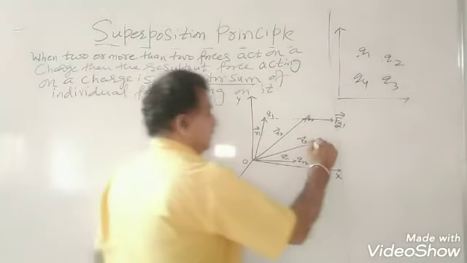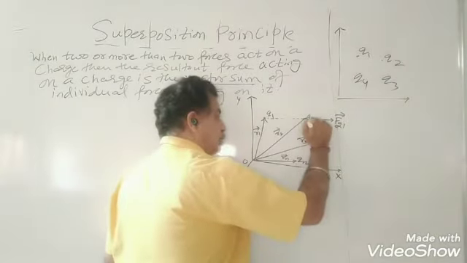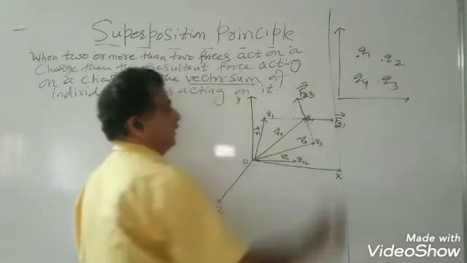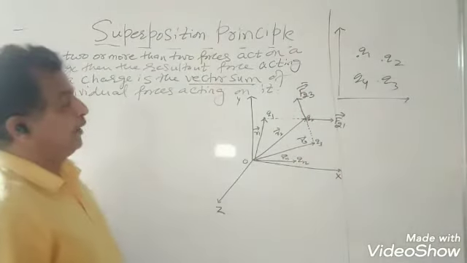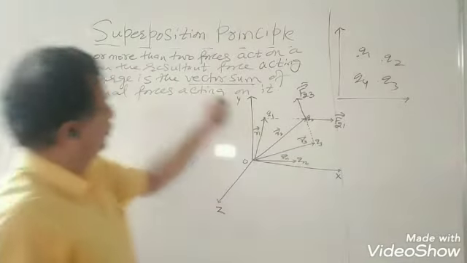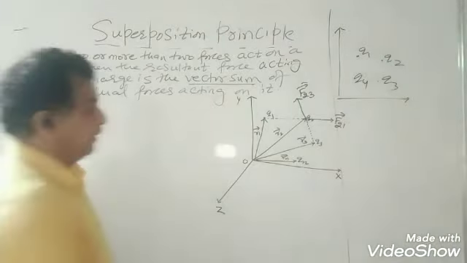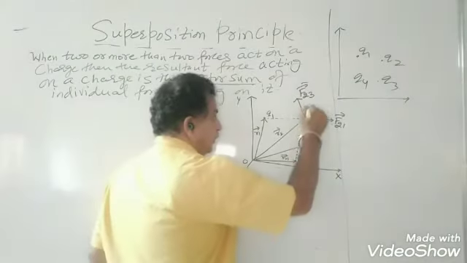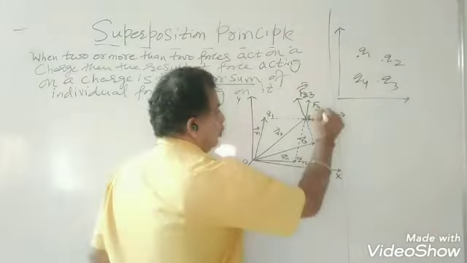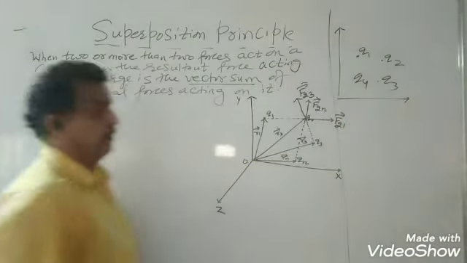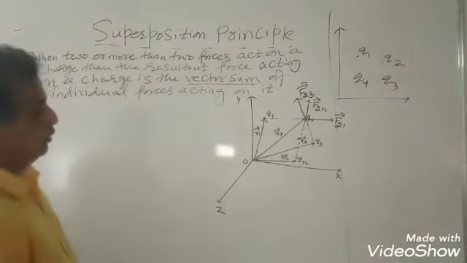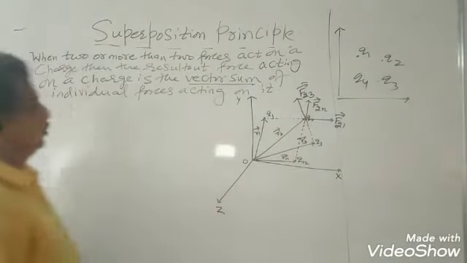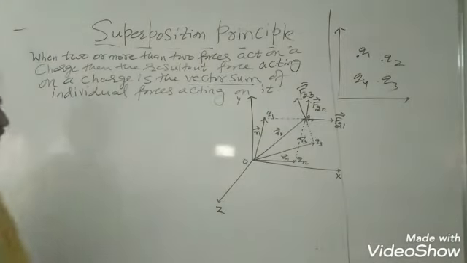Similarly, joining the line from 3 to Q2, this will be the force acting on 2 due to 3. You can clearly see the directions of F21 and F23 are different, so we need to take vectors. Similarly, I join the nth charge to 2; it is the force on 2 due to the nth charge. So this is how the directions come out to be different, so we will take the vector sum.